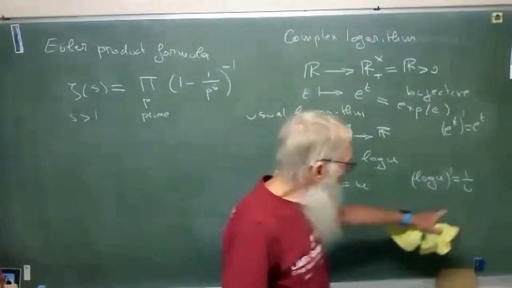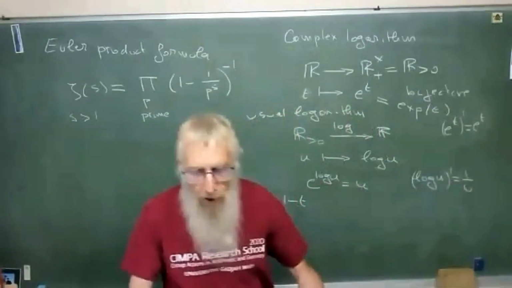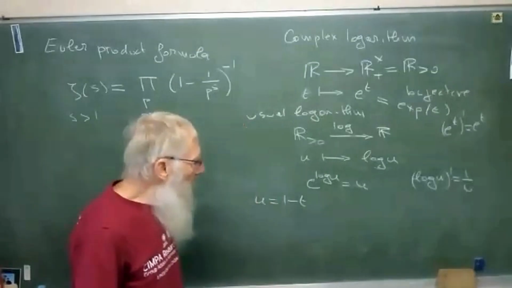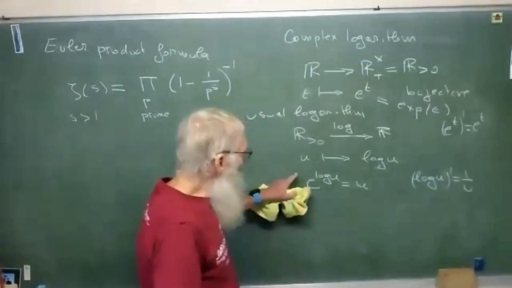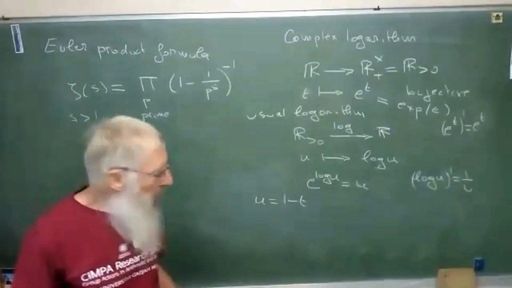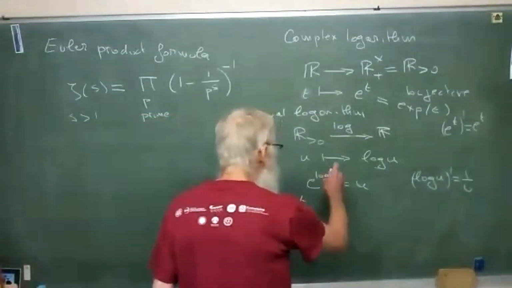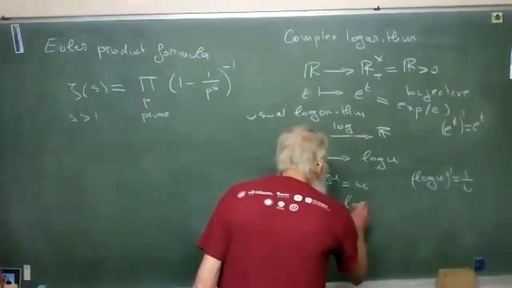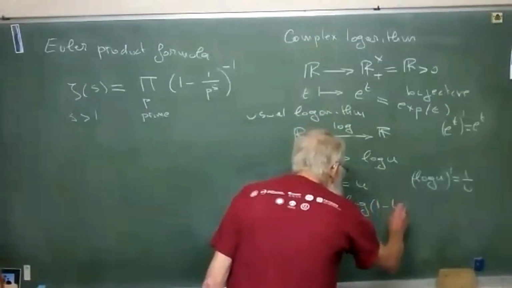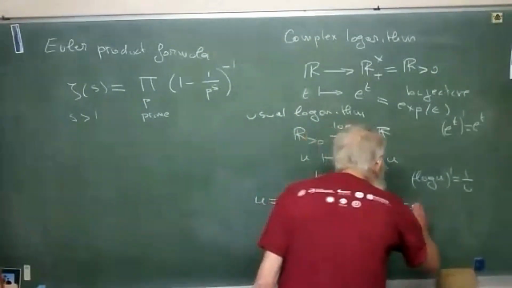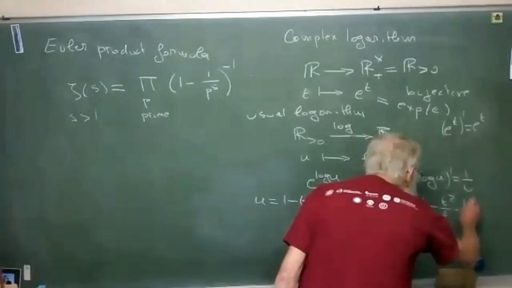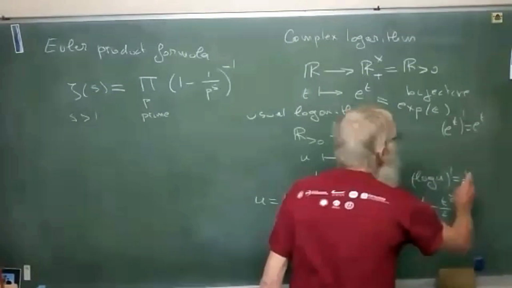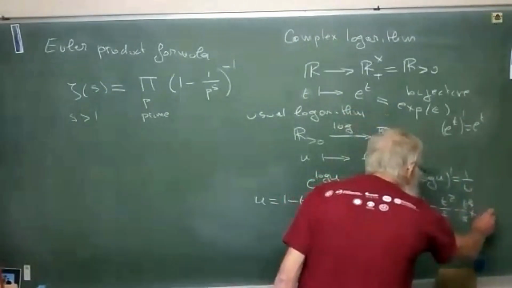We know that the logarithm of 1 is equal to 0. And because of that, we have the formula, which is logarithm of 1 minus t equals minus t minus t squared over 2 minus t cubed over 3 and so on.